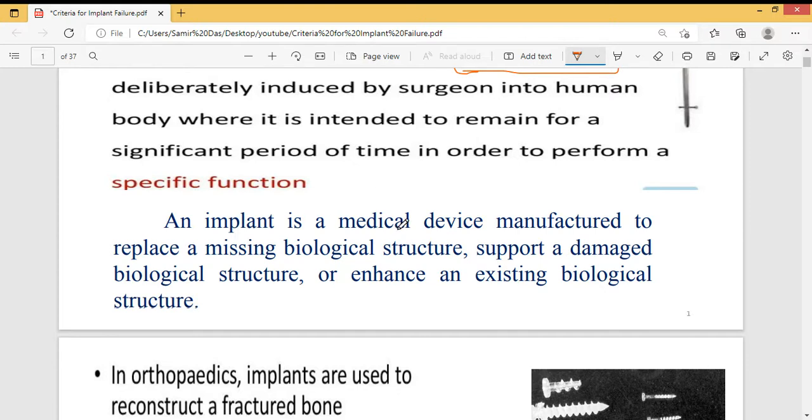So, an implant is a medical device manufactured to replace a missing biological structure, support a damaged biological structure, or enhance an existing biological structure as well.